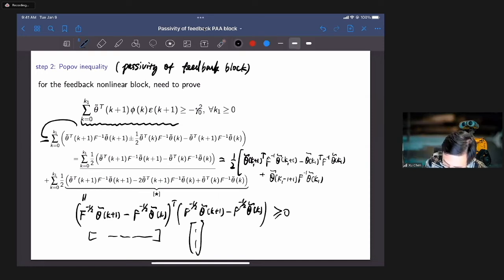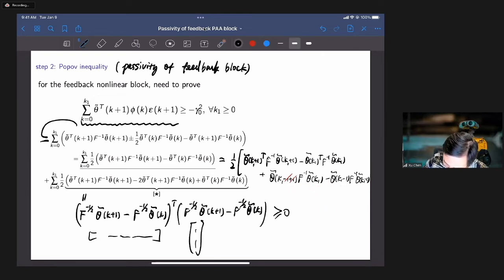So these negative 1 and 1 will cancel with each other. Minus theta tilde K1 minus 1 F inverse theta tilde K1 minus 1. This is when K equals K1 minus 1. These two terms will become these two.